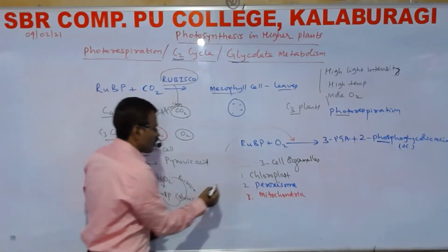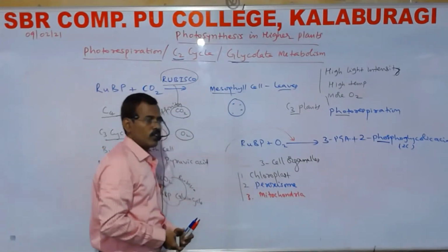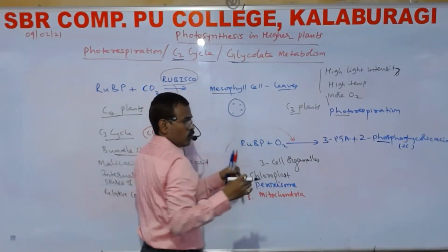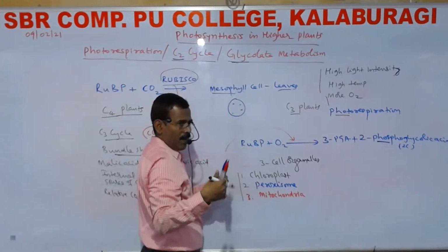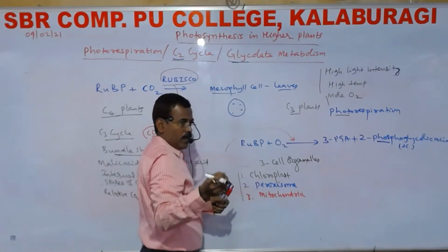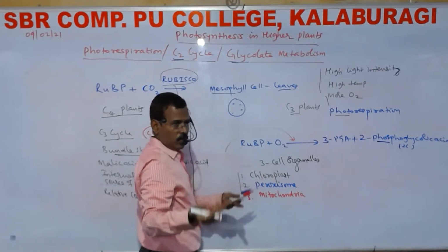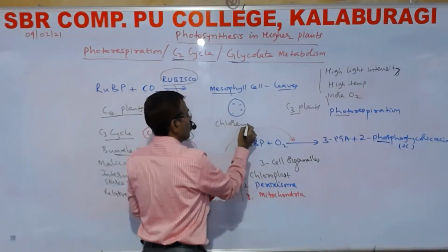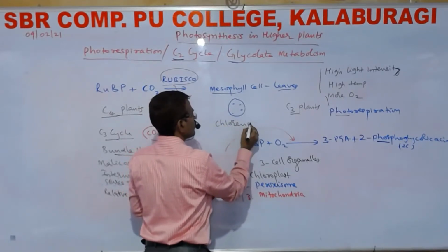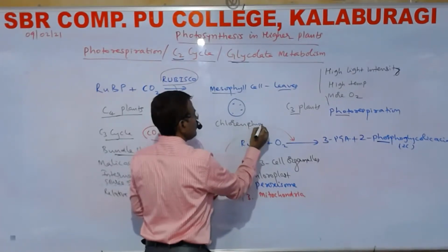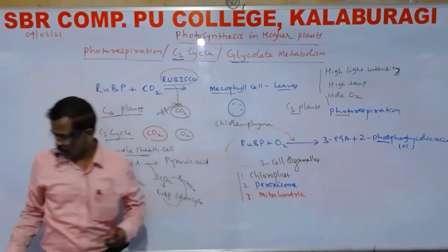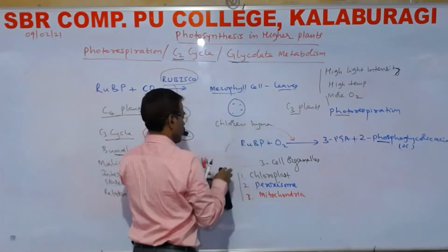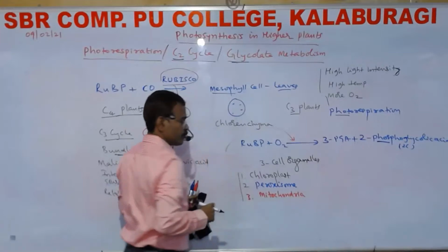So these are the three cell organelles involved in photorespiration. In the mesophyll cell, whether it is spongy parenchyma or palisade parenchyma, the parenchyma cells contain chloroplast and carry out mainly photosynthesis.